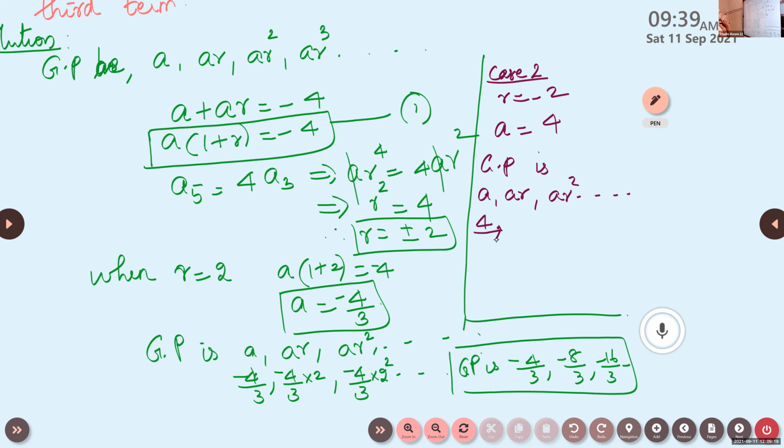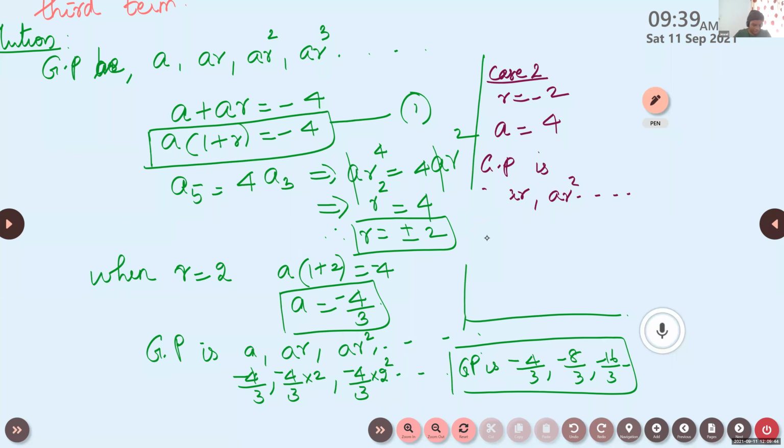When r is minus 2, Shabarinath, what is the value of a? I got 4. You got 4. So what is the GP, Jewel? Minus 4? No. a is 4.